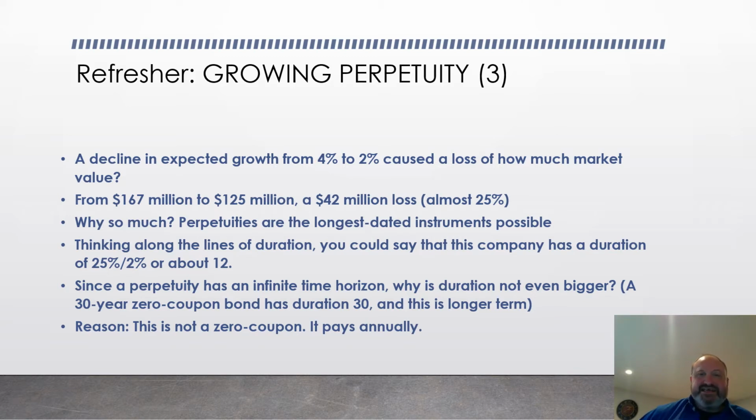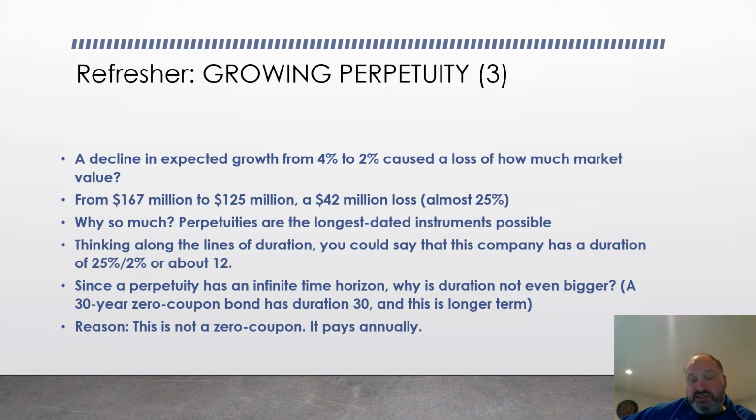While this is not exactly an interest rate change, it's closely related to it because we adjust the interest rate that we use, the required rate of return, by how much growth we expect in order to use this formula. Okay, so what may not look like a big change in growth, or maybe it does, we get a pretty big change in value.